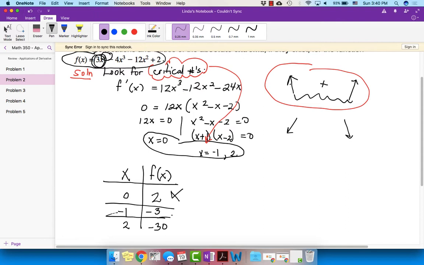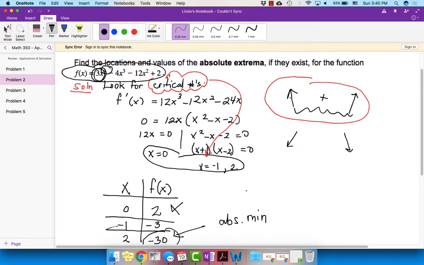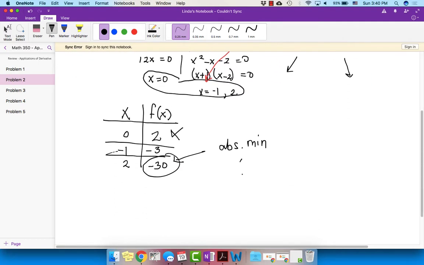You can only determine that we do have an absolute minimum. So the answer is that the location and the value for the absolute extrema is at 2, negative 30 for the entire function.